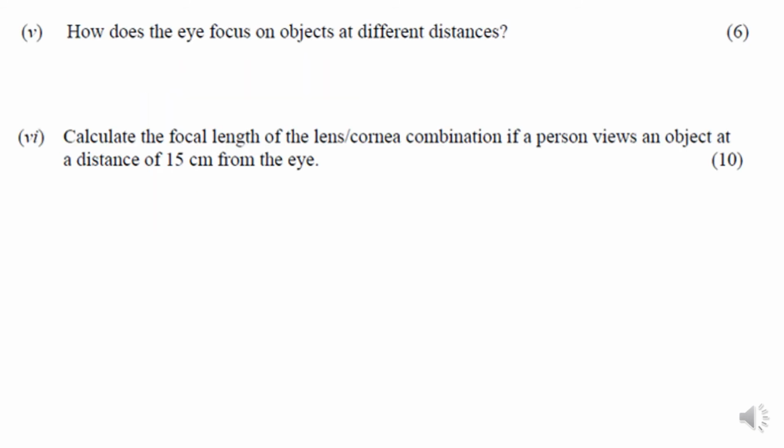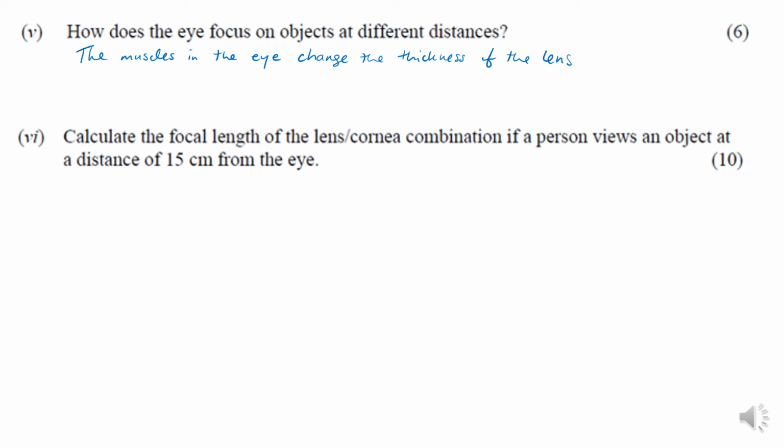So part 5, how does the eye focus on objects at different distances? Well, we've already kind of discussed it, but what will we write? So very simply, the muscles in the eye, they're called ciliary muscles. We said they change the thickness of the lens.